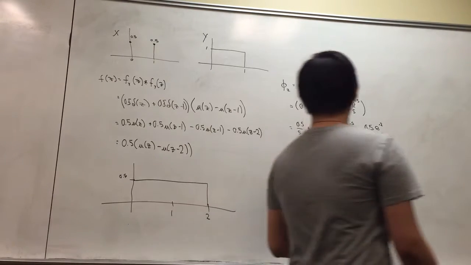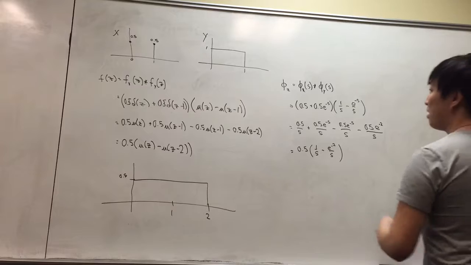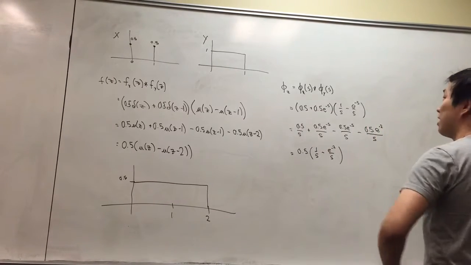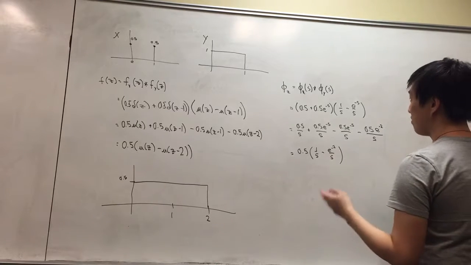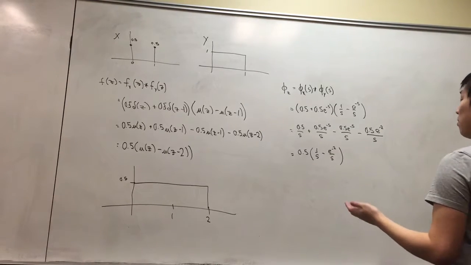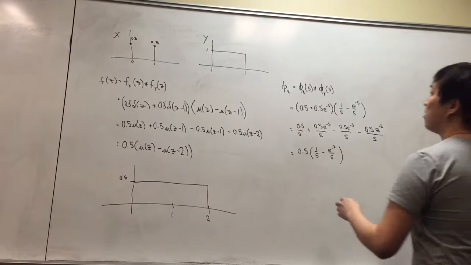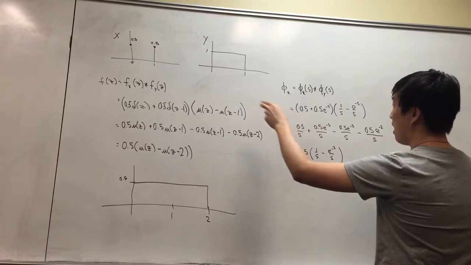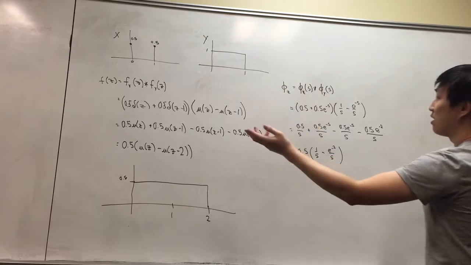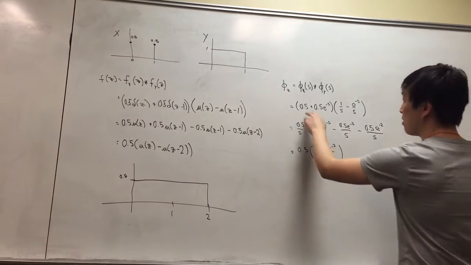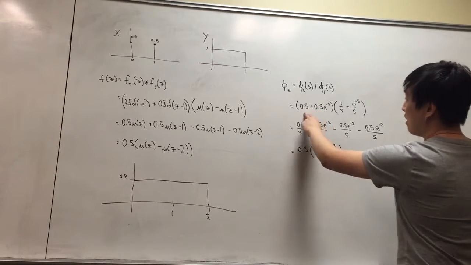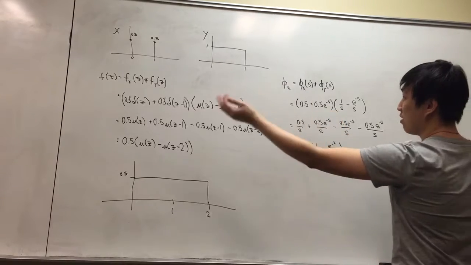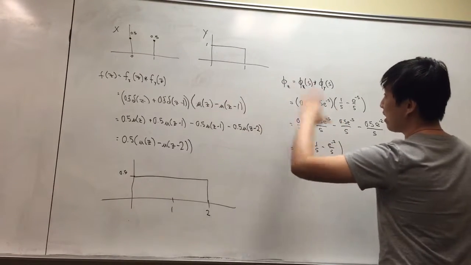You can also do this in the Laplace domain. Similarly to the time domain, convolving two functions ends up being just multiplying the two Laplace transforms. So f of x, the two impulses, can be represented by 0.5, because a constant in the Laplace transform stays that constant, plus 0.5 times e to the negative s, because it's shifted to the right by 1.